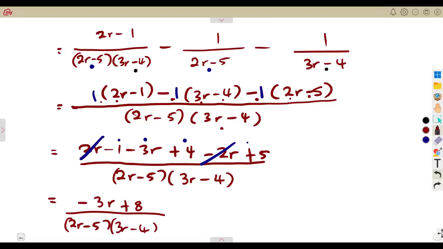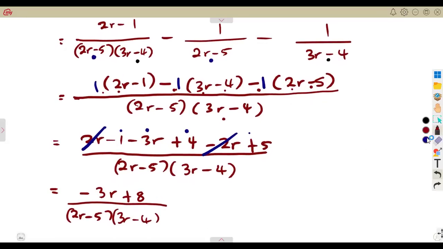Unless there is a common part where the numerator is exactly the same with one of these brackets in the denominators, where it is like that, you can cancel. But here it does not exist. So meaning to say, this fraction is done.